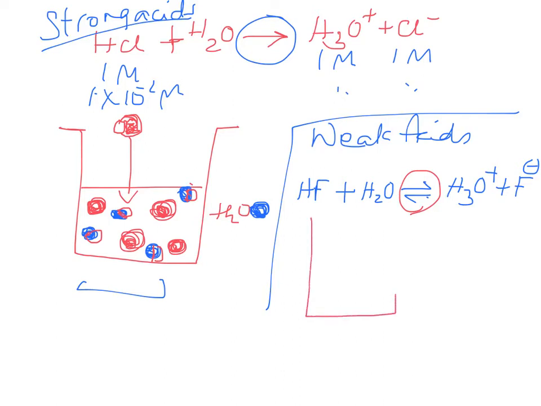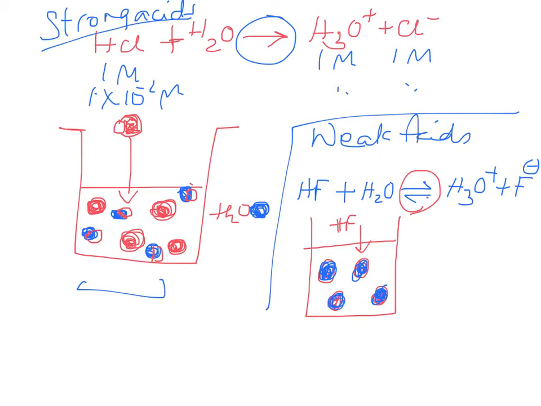What that means is if you drop HF into water, essentially you will have water. Maybe one of those is going to, or water was blue, right? My bad. So you will have water.